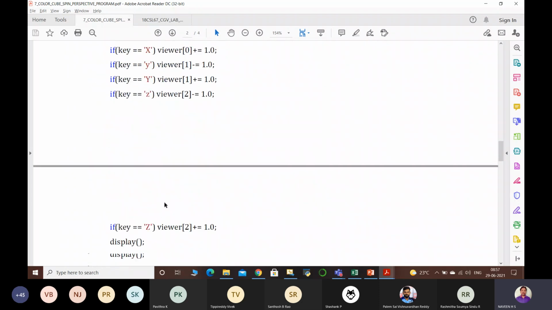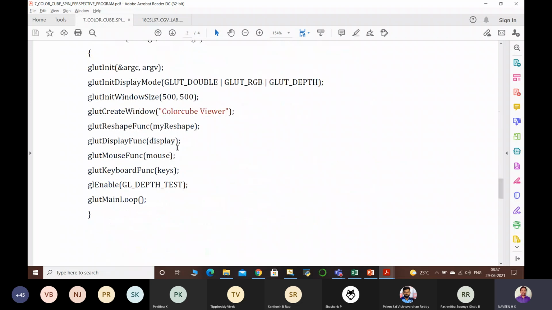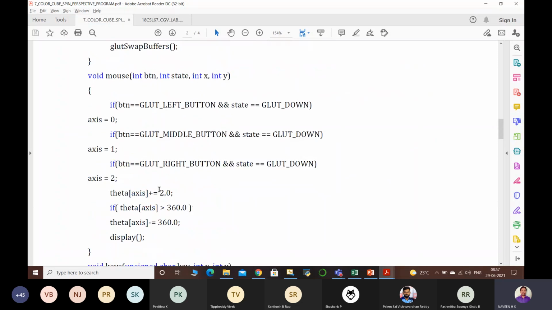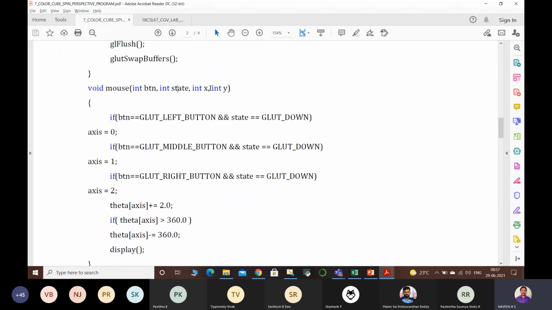And once that is done, again control will go to the main function. So now the display function is over. So next, the mouse function. So see, this is the same. There is no change in the mouse function. So that's it. We are using button, state and x, y value. See, suppose if you are pressing glut left button and state is equal to glut down, then you are assigning to X axis and Y axis and Z axis. Same thing, so left button, middle button, right button.